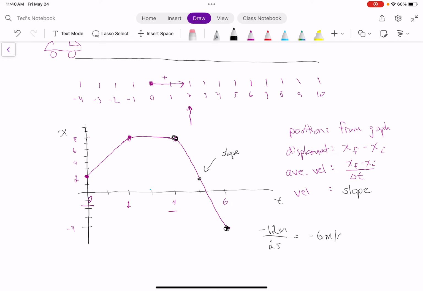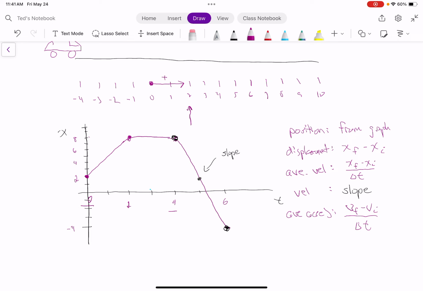Okay, what about acceleration? Well, let's see, we can do average acceleration. To find the average acceleration, we need to do v final minus v initial divided by delta t.